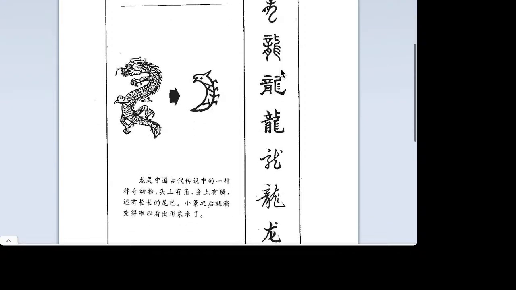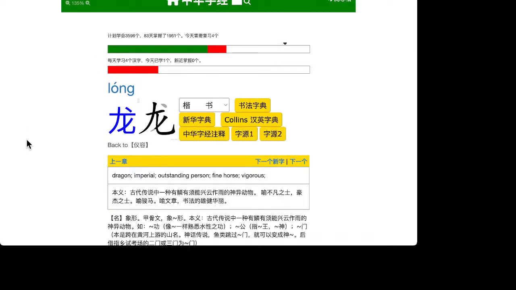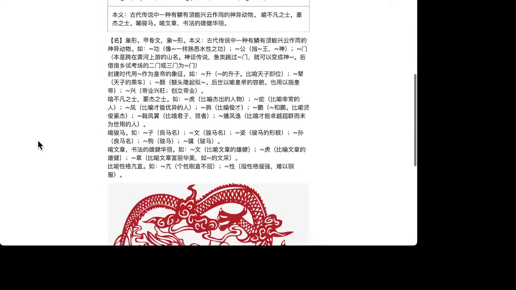Then we've got this second part, which is a representation of wings. Even though Chinese dragons don't have wings, it's just an indicator that it does fly. A simplified version looks like this. That's a dragon.